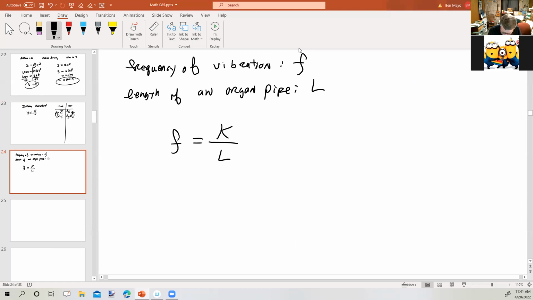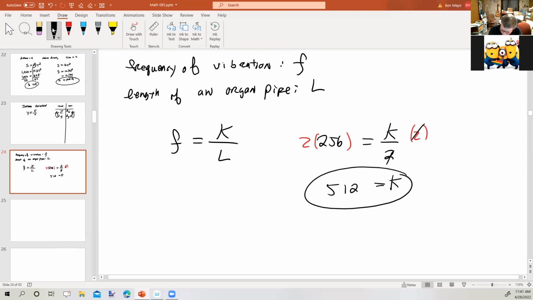Now a follow-up information to determine what K is. If a pipe 2 feet long, so that's the length, vibrates 256 times. So from that, we can determine K. We're going to multiply both sides of this formula by K. So K equals 512. All right, 2 times 256.